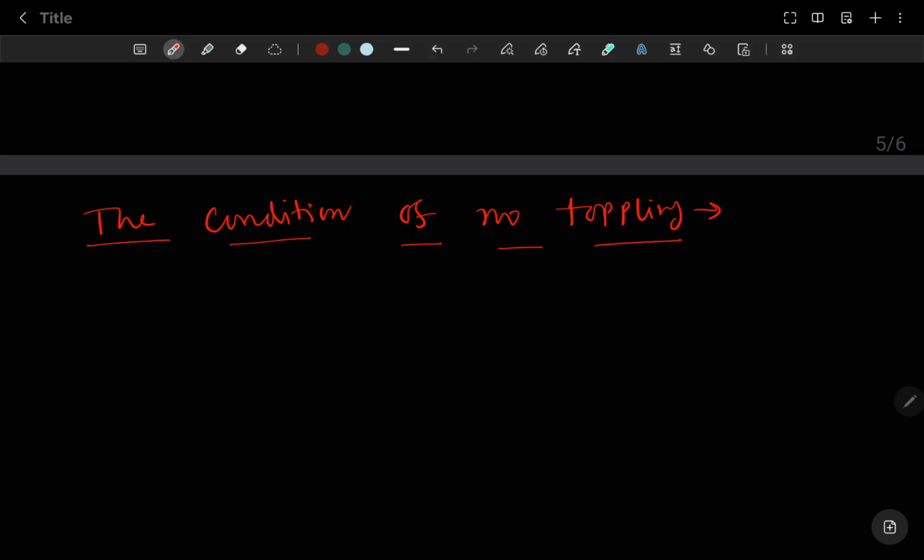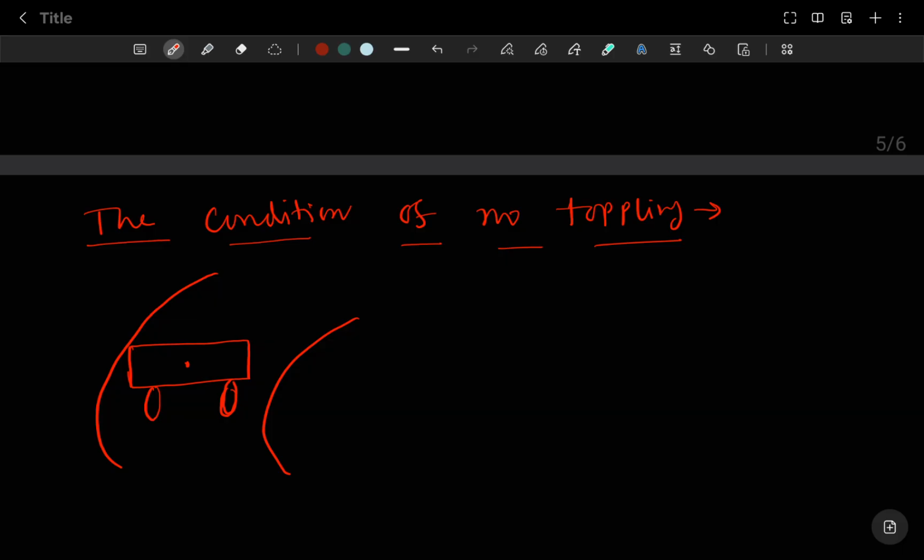Suppose a car is making a circular turn on a horizontal road. This is two wheels, this is the car. Now it is the center of mass of the car. Now what will be the maximum velocity of this car during the circular turn for which it will not topple?